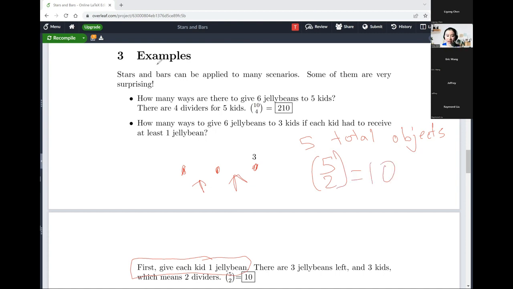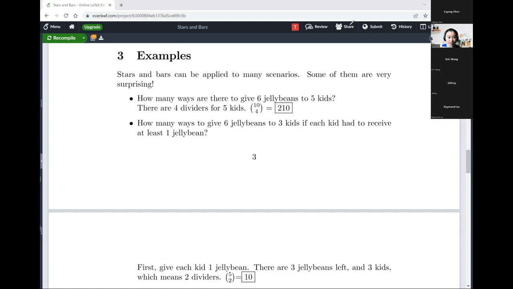So this theme of giving, if they are required to have some amount of some object, can be generalized.